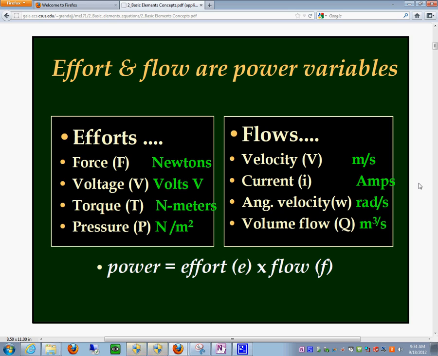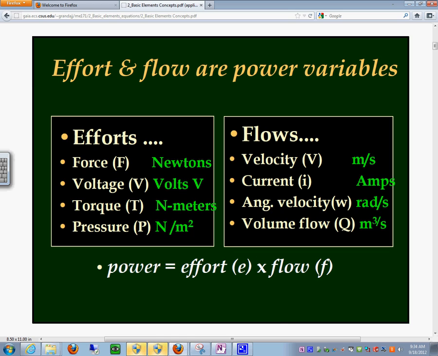So if that's true, the word effort becomes force, voltage, torque, or pressure. The word flow becomes velocity, current, angular velocity, and volume flow rate. Conclusion: power is always the effort times the flow.